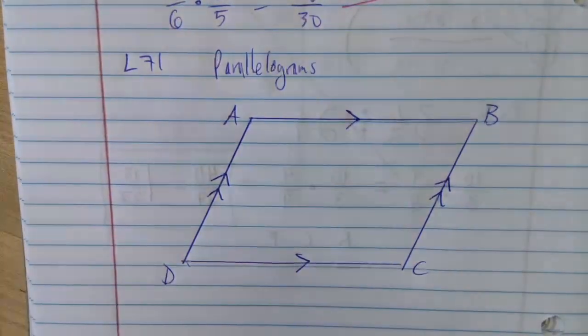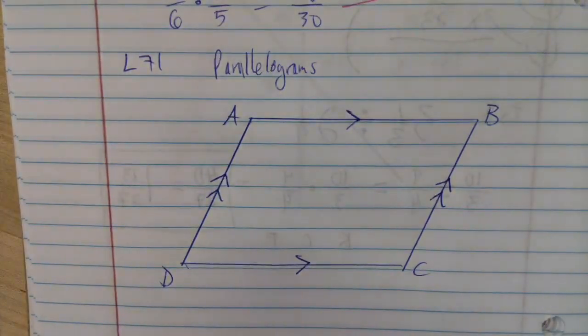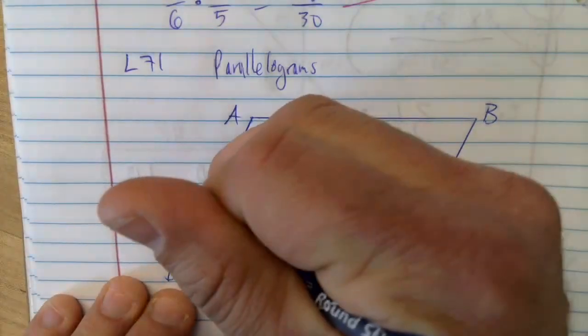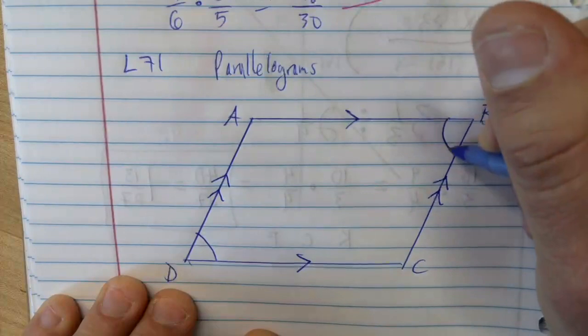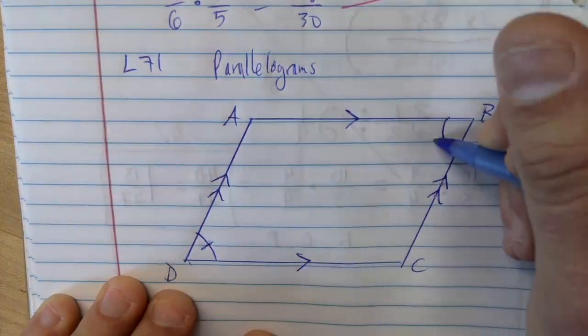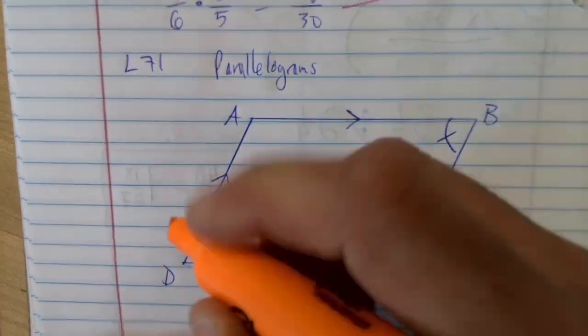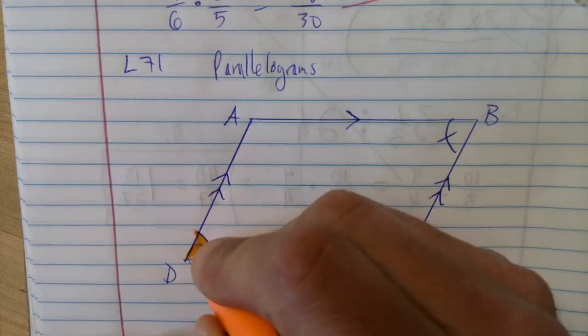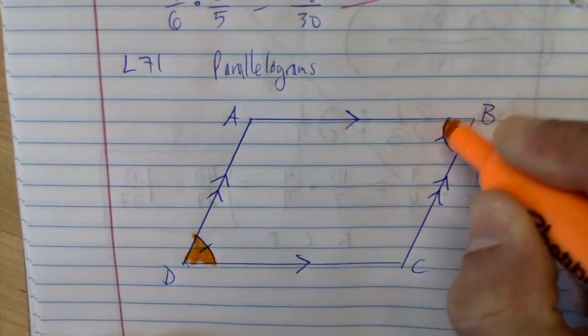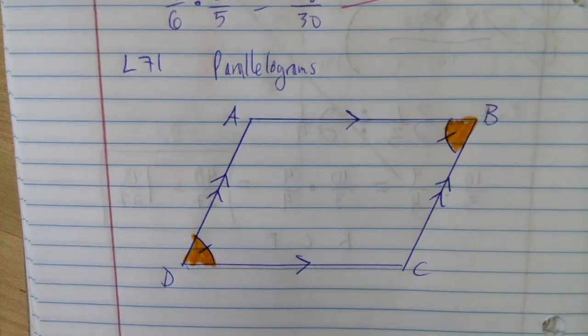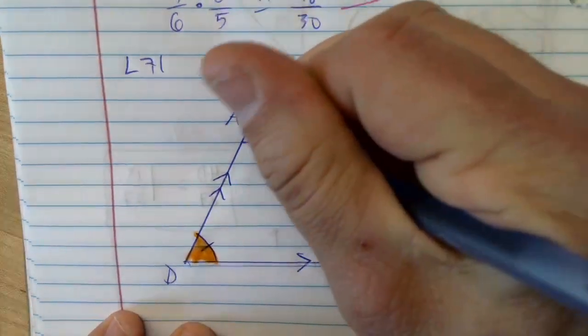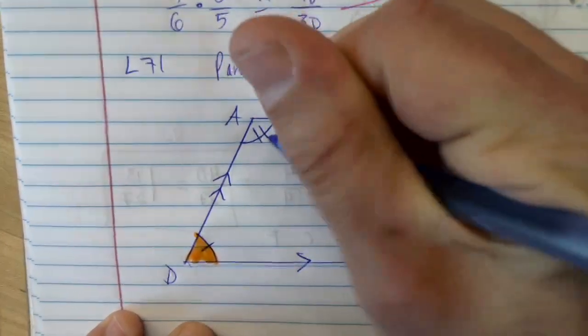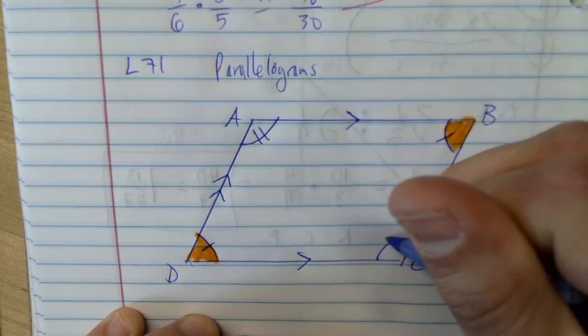Yes, we know that opposite sides are parallel, 2 pairs in fact. What you may not know is that opposite angles are also equal. So I'm going to color code these for us. And then these are not acute, but these are obtuse angles.